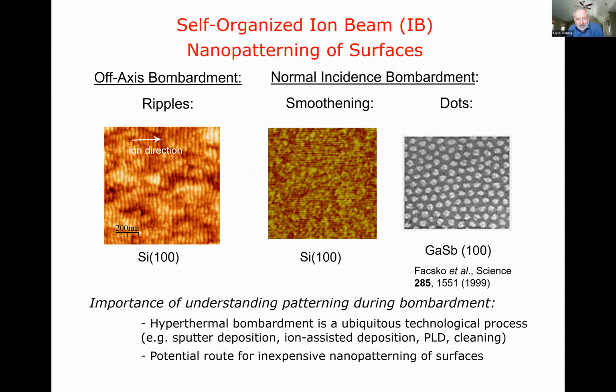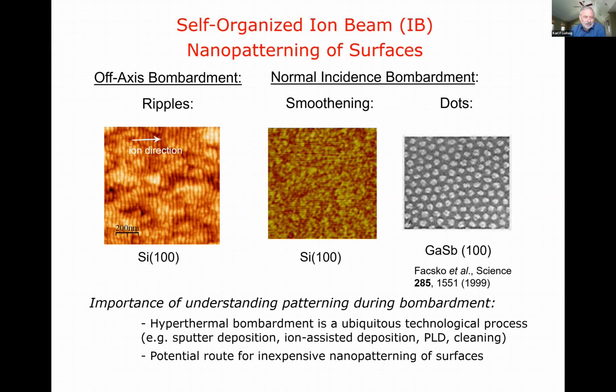You just take a broad ion beam and illuminate a surface with it, and depending on parameters such as the material, the ions, the energy, and the angles, you can have nanopatterning spontaneously occur on the sample.